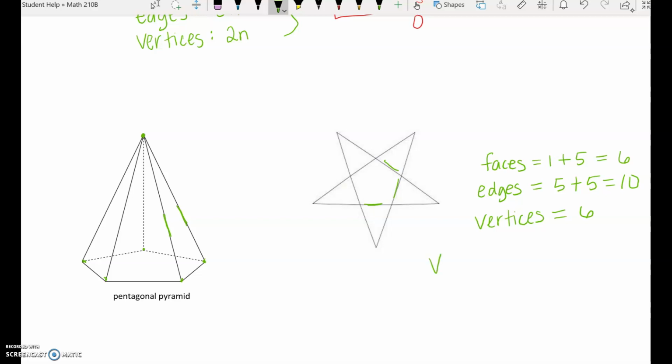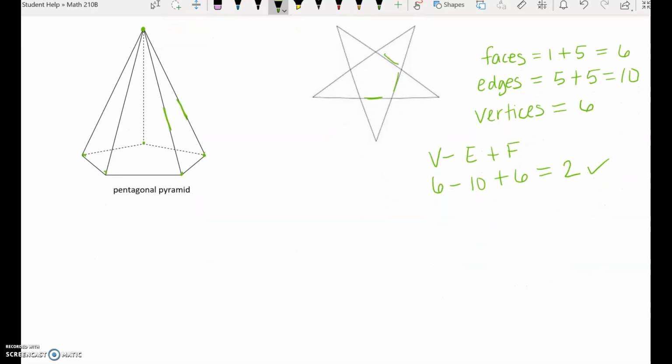So let's verify V minus E plus F. So we have 6 minus 10 plus 6, and that equals 2. So that works out. So let's think about any pyramid. For any pyramid, the number of faces is going to be n plus 1.